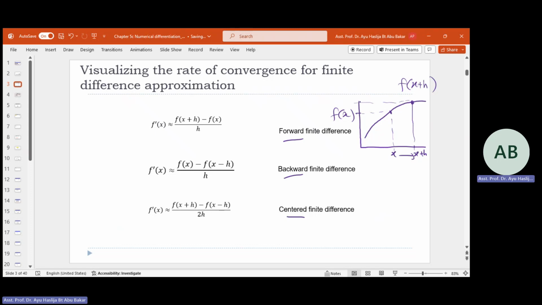So here is the f(x plus h). In other words, f(x plus i), f(x2), any letters that you can denote with. Now, this difference is the dy. This difference is dx. So eventually, it is the slope equation.